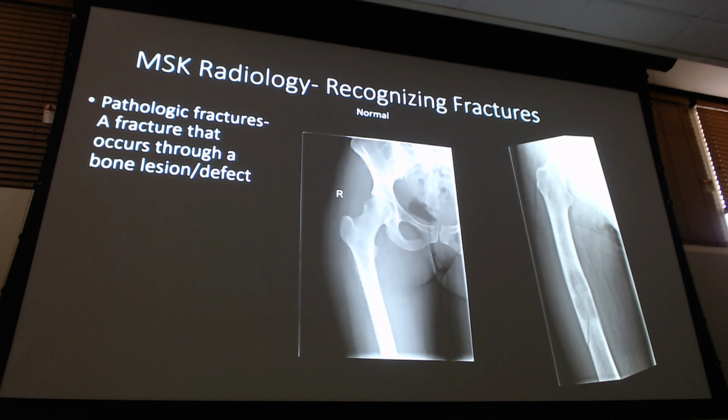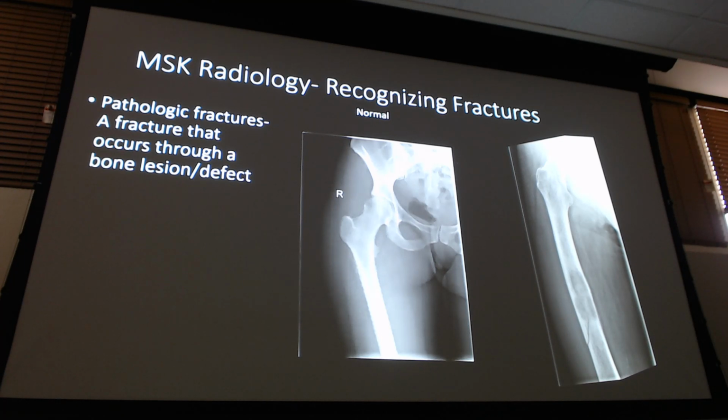I don't know what it is, but I have the fracture right here from the cortex that goes up and into the pathology. So it's a pathologic fracture. Any fracture that goes through pathology of the bone is pathologic. It's a general term. I don't need you to know specifically what this lesion is. You know it's a pathologic fracture.